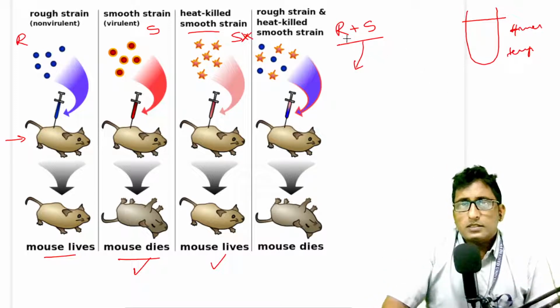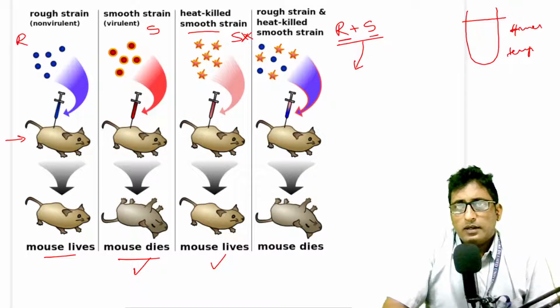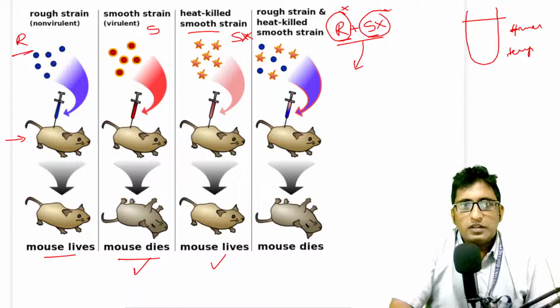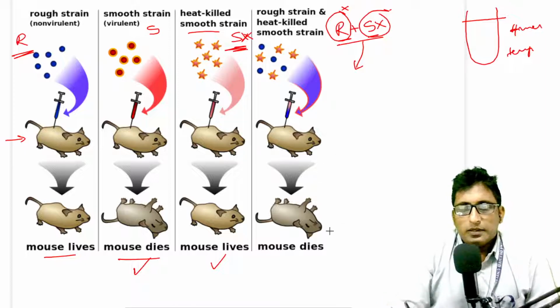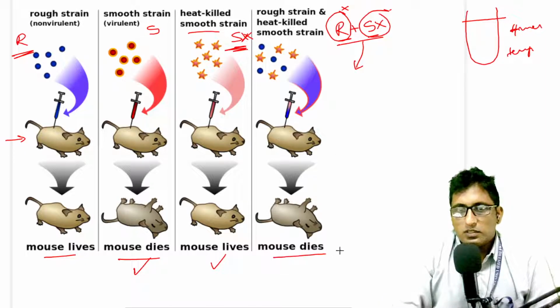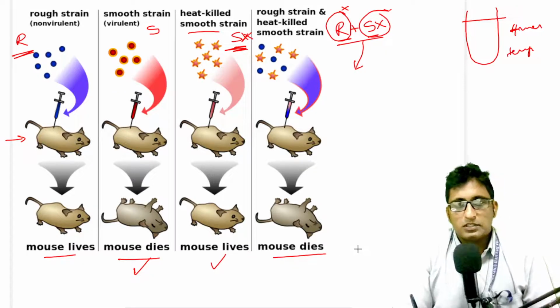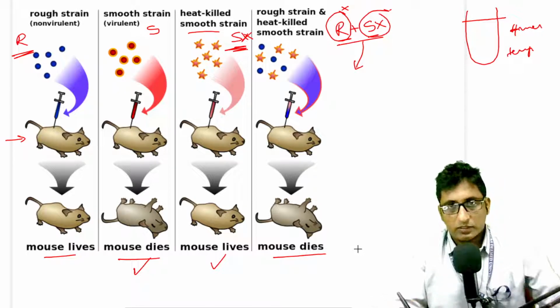Now, when he has taken R strain and S strain that is heat killed, we should remember that independently they do not cause any disease, right? That is evident from here and here. And he has given that mixture to mice, and then what he noticed is that the disease was established, indicated by the death of the mouse.